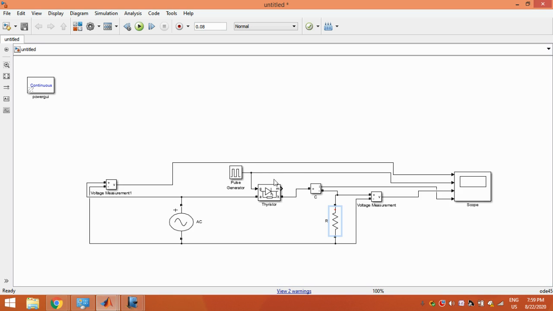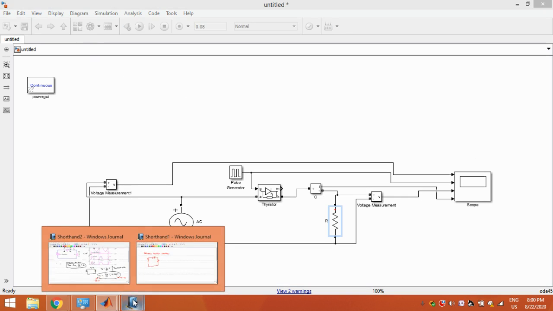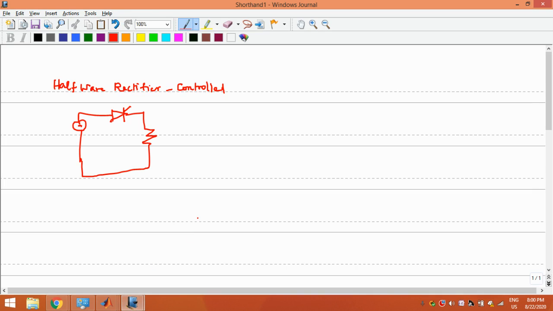This component I need, and I need to measure my current and voltage, so I need to take these measuring devices also. So let us check from where I should take all these components. In MATLAB, as far as Simulink is concerned, you majorly have business with only these things: sinks, sources, Simscape, right?